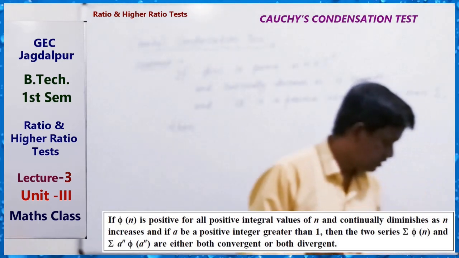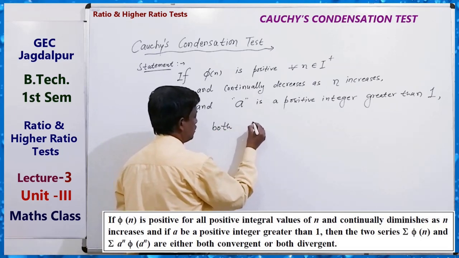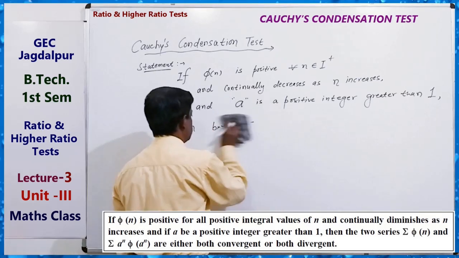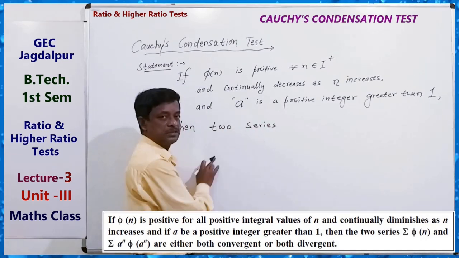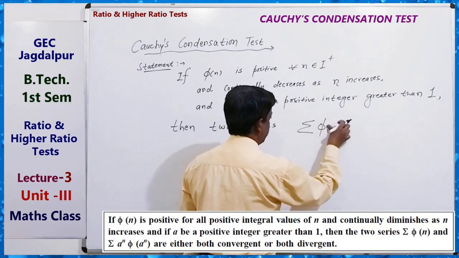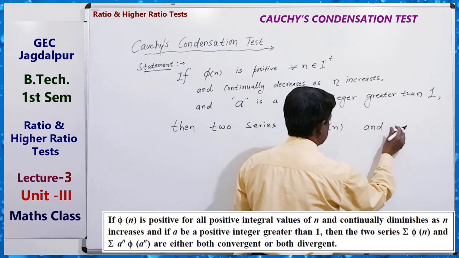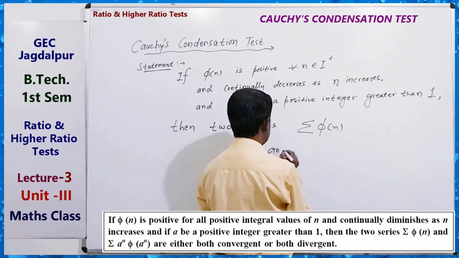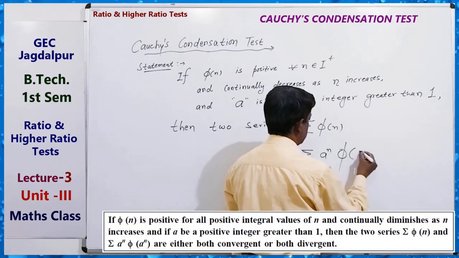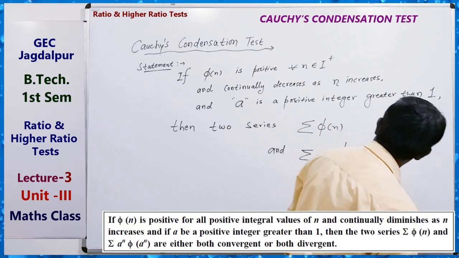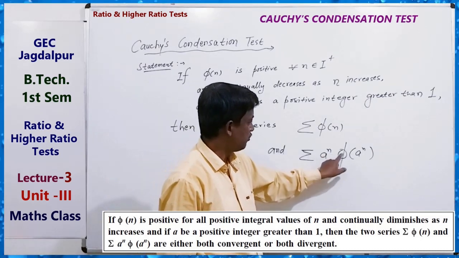two series. The first series is summation phi n and the second series is summation a to the power n phi a to the power n.